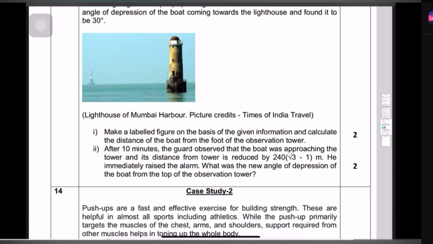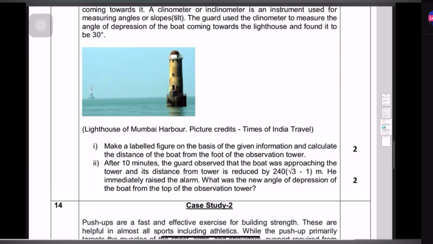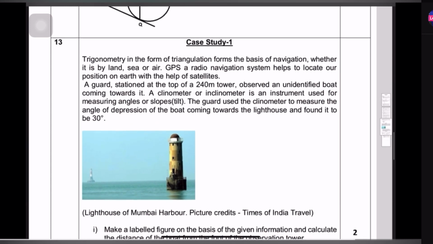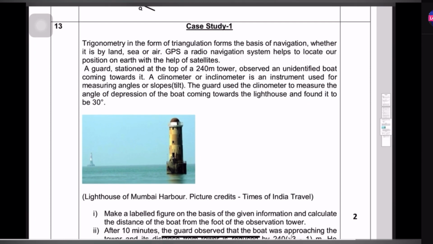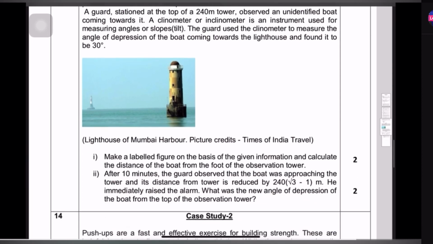So here the marks are also given. Lighthouse of Mumbai Harbour, picture credits, Times of India Travel. So this is the lighthouse. The guard is stationed at the top of this 240-meter tower and is observing an unidentified boat which is coming from the other side, towards it.